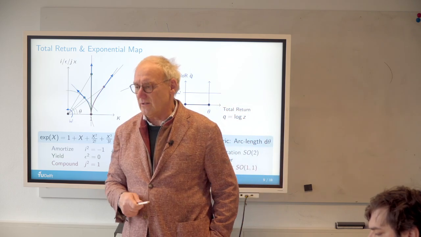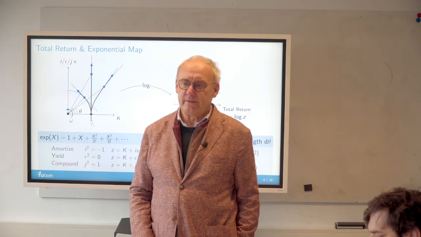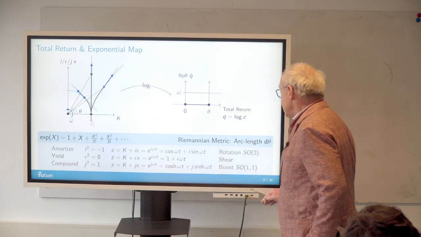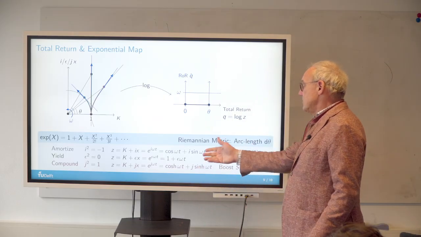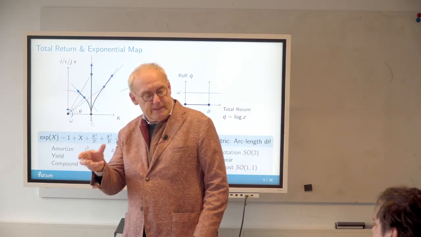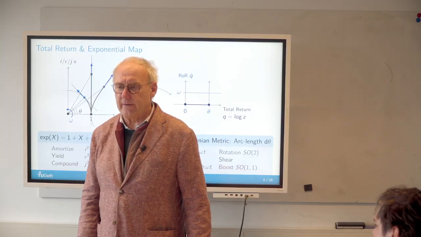You could have done it totally abstractly. There are other ways to represent it. Either way, whatever representation you choose, you can choose the arc length as the parameter, as the coordinate.